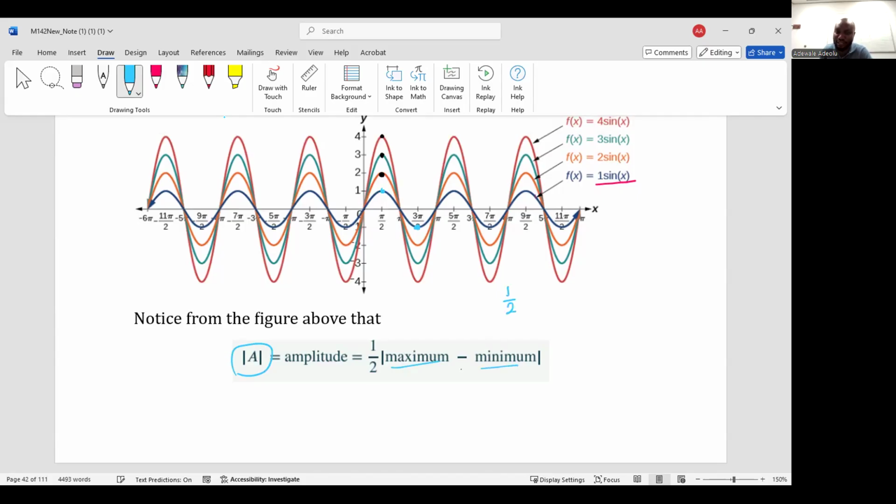That is, in this case, our amplitude is 1/2 of the maximum, which is 1, minus the minimum, which is -1. So that is half of 2. So that is 1. So the amplitude is 1 in that case. And we have it here.